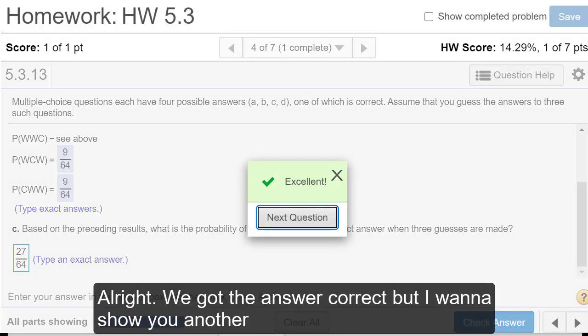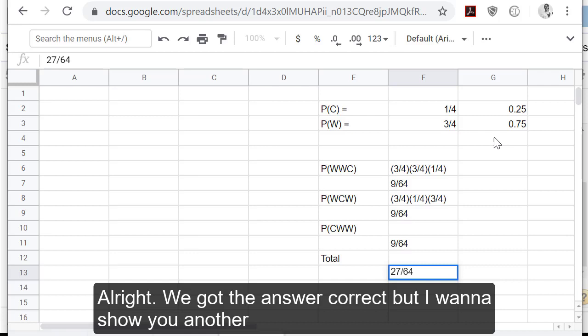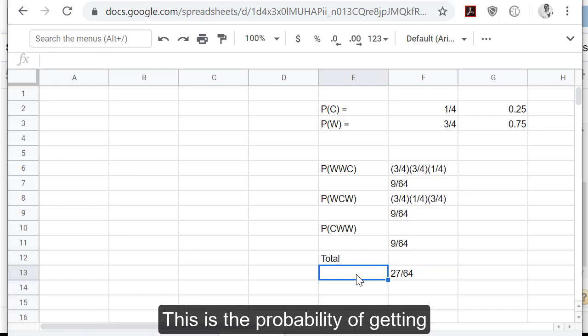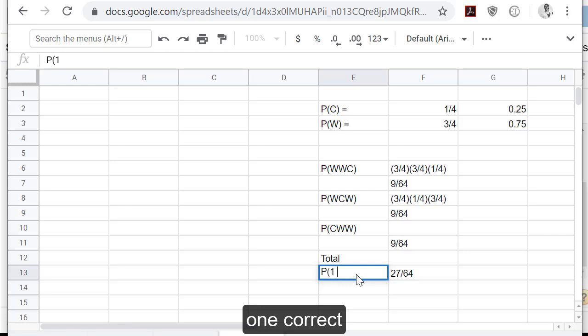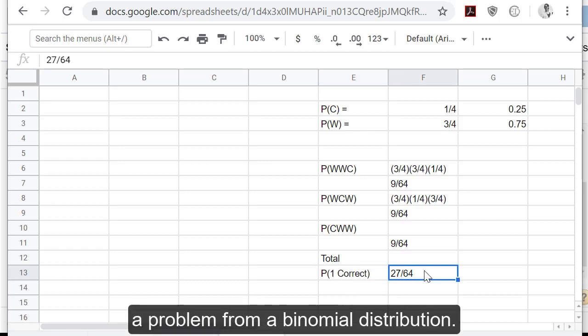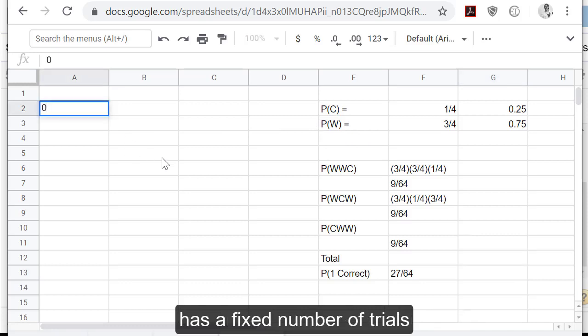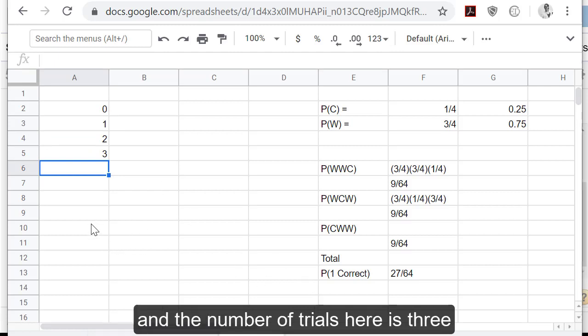Alright, we got the answer correct, but I want to show you another point of view for this problem. This is the probability of getting 1 correct out of 3. That turns out to be a problem from a binomial distribution. Let's think about it. A binomial distribution has a fixed number of trials, and the number of trials here is 3.